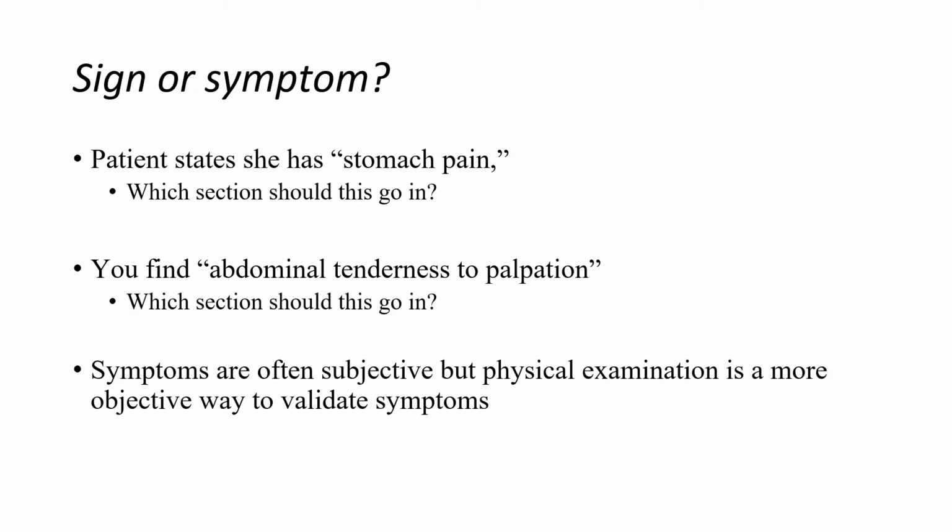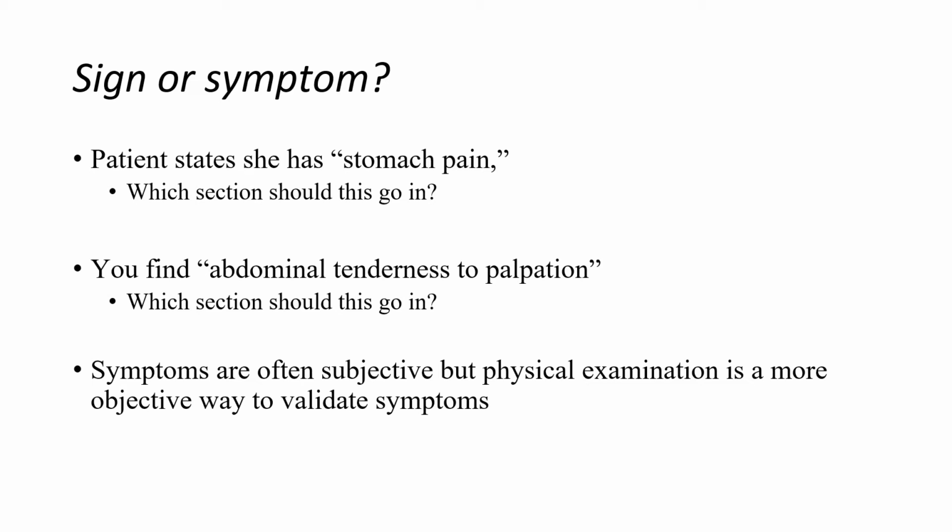Sign or symptom. So if a person says, Doc, she states she has stomach pain, what section should this go in? Subjective or objective? If the person is saying, I have stomach pain, well, that should be subjective because the person is saying, my stomach hurts. If you find abdominal tenderness to palpation, what section should this go in? Abdominal tenderness to palpation is an examination finding. So keep in mind, examination findings are different from symptoms.